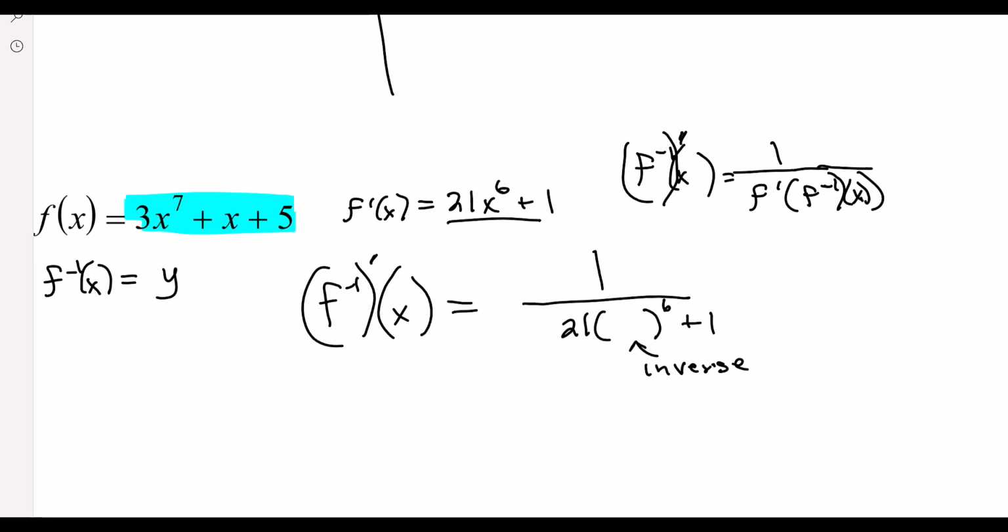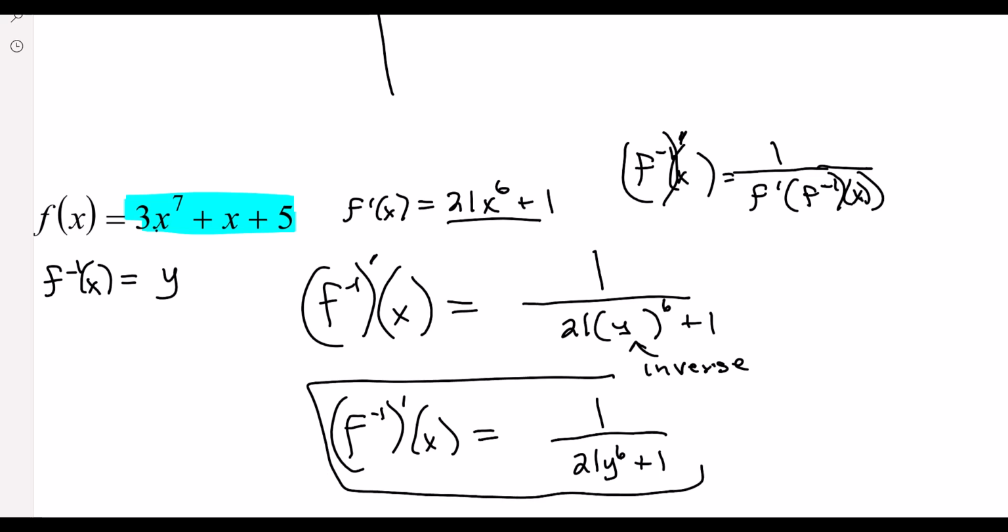And because this is too complex, we're just going to put y. So to simplify, 1 over 21y to the 6th plus 1. So those are a piece of cake. All right, that's it for derivatives of inverses.